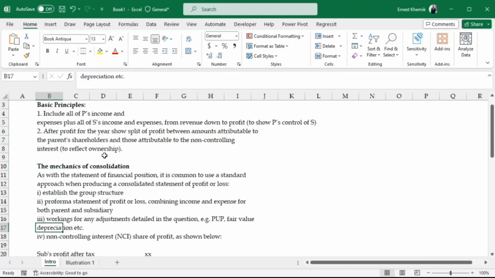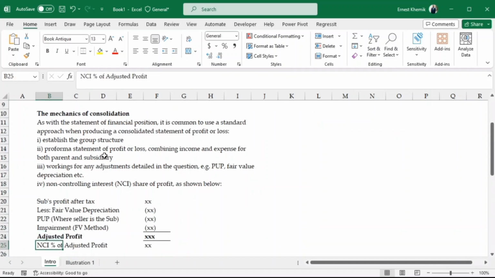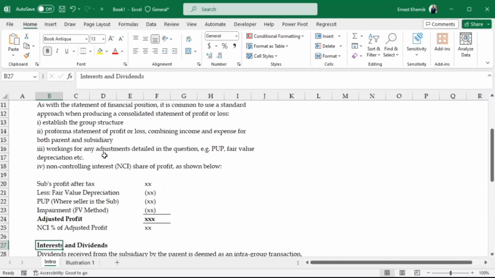And then I have also given you some mechanics here to help you prepare the consolidated statement of profit or loss. And those mechanics are: first, establishing a group structure, preparing a pro forma statement of profit or loss by combining the income and expenses of both the parent and the subsidiary or the subsidiaries, up to 2 subsidiaries for the financial reporting exam.